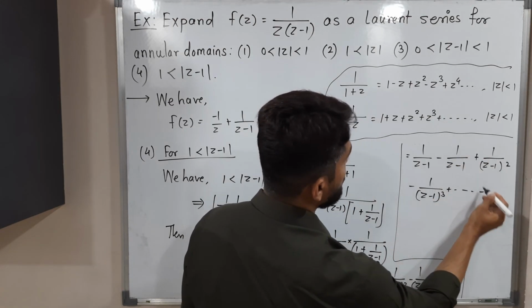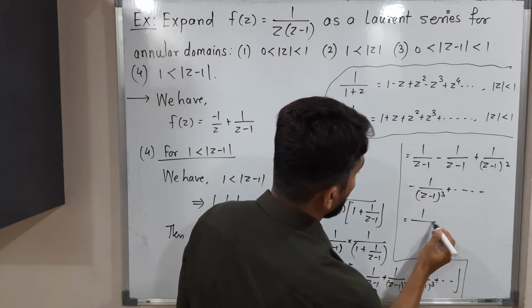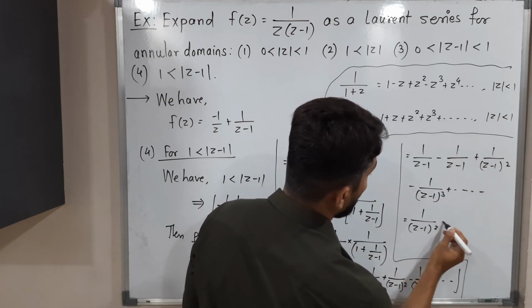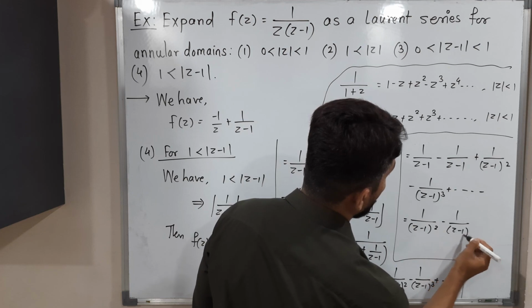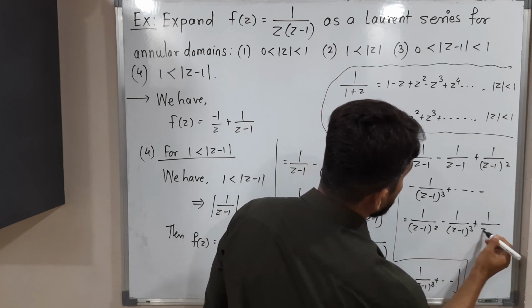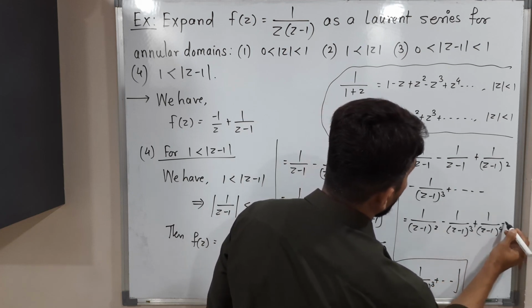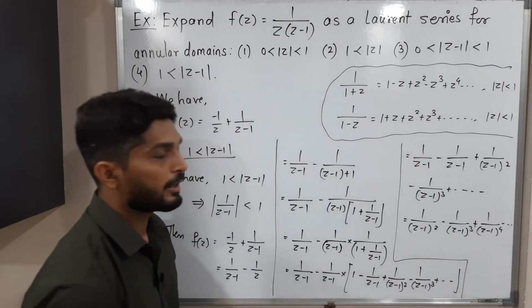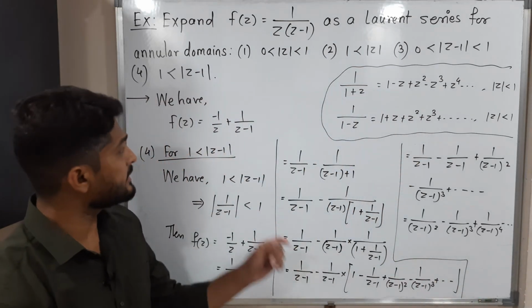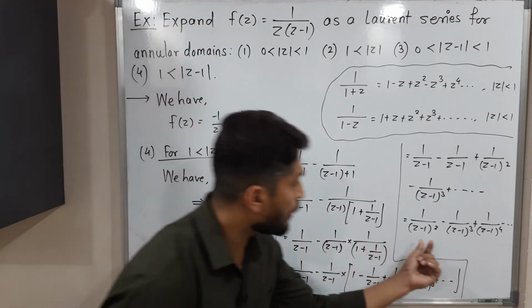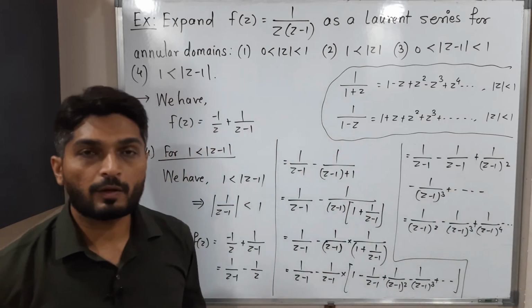So the first two terms will get cancelled and we will have 1 upon z minus 1 square minus 1 upon z minus 1 cube plus 1 upon z minus 1 raised to 4 and so on. So this is the required Laurent expansion, and you can easily see that whatever is inside mod, we have got it everywhere.